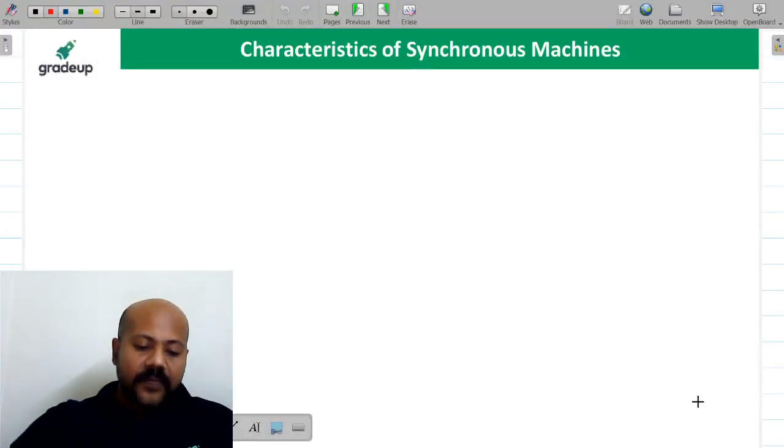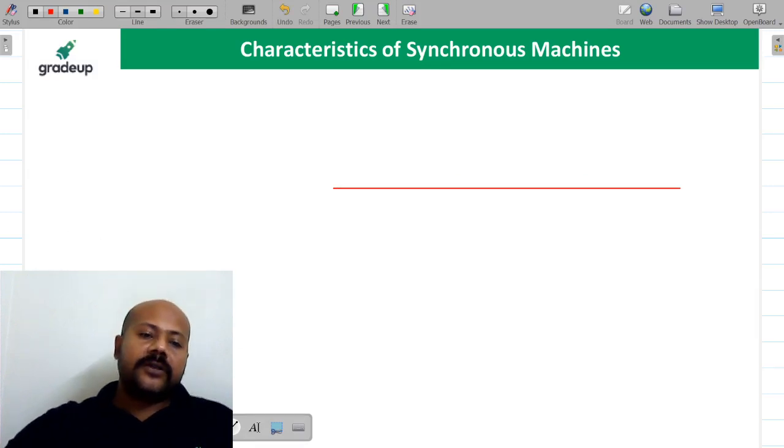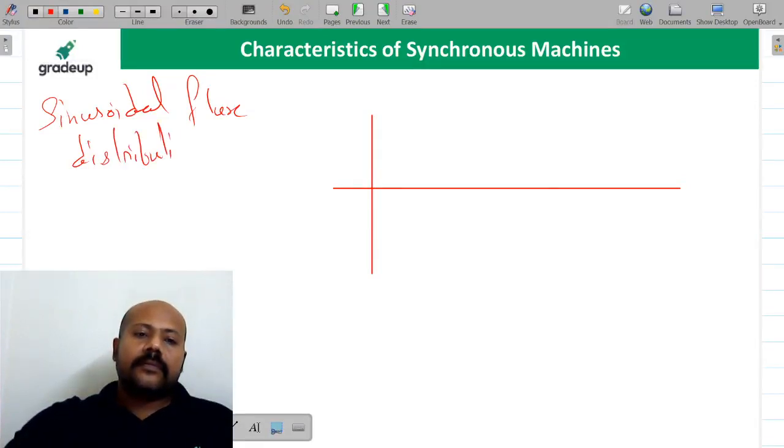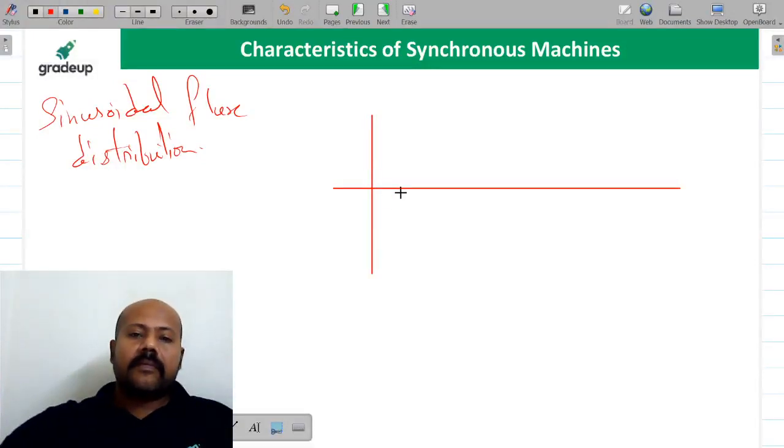Okay. All of you now focus here. If you see the sinusoidal flux distribution, suppose this is the sinusoidal flux distribution. Suppose it is something like this.